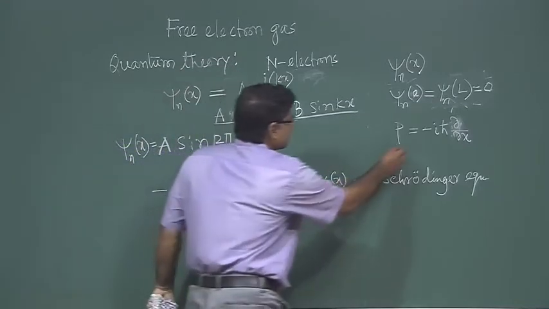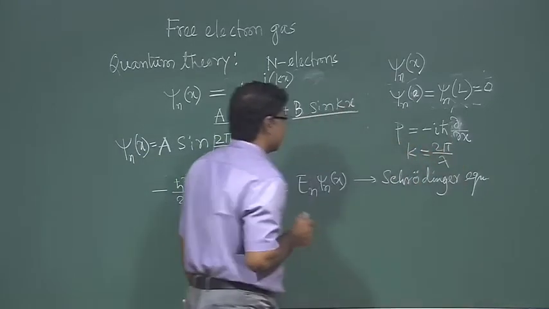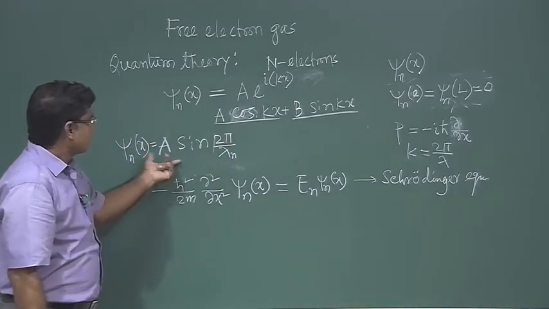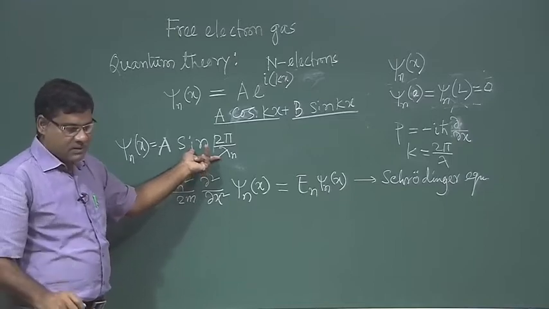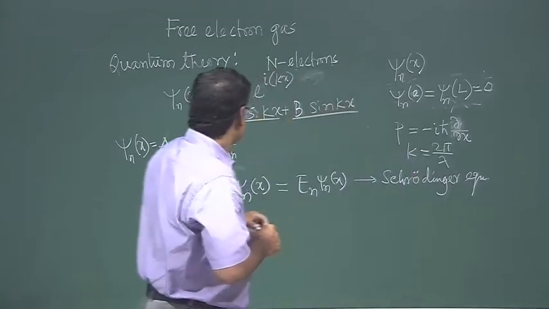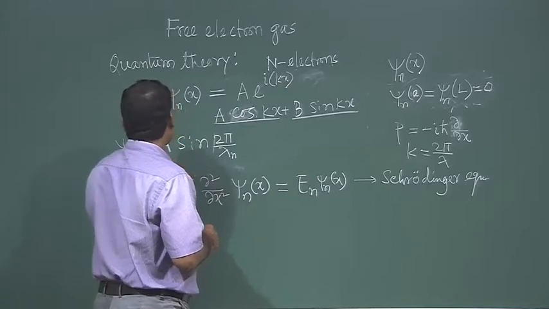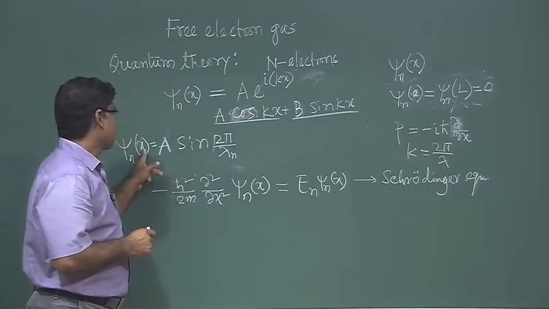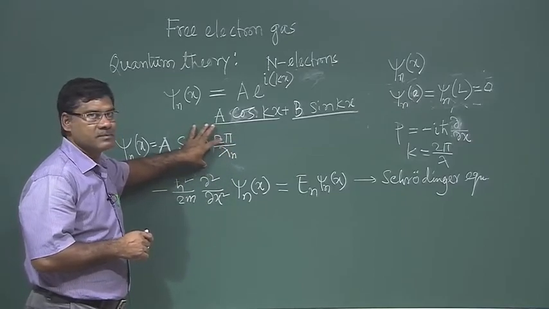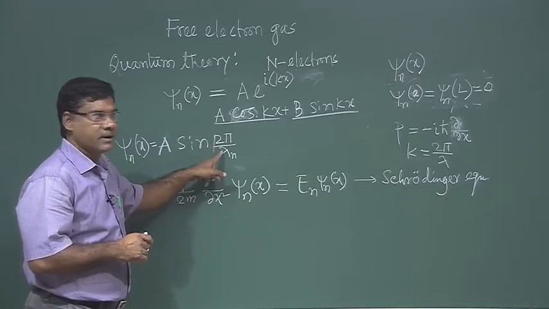If I take this form, you can see that at x equal to 0 this has to be 0, and at x equal to L also this has to be 0, right.